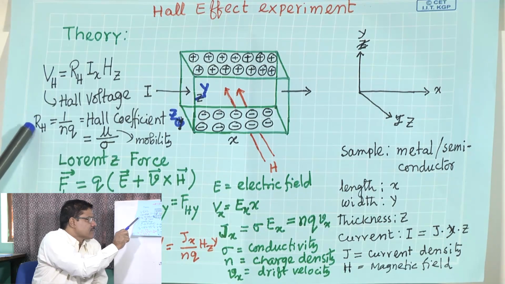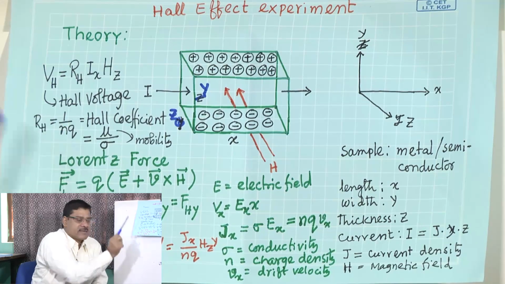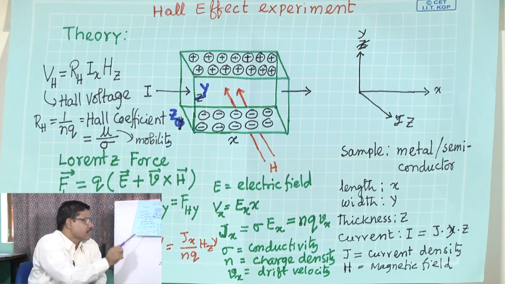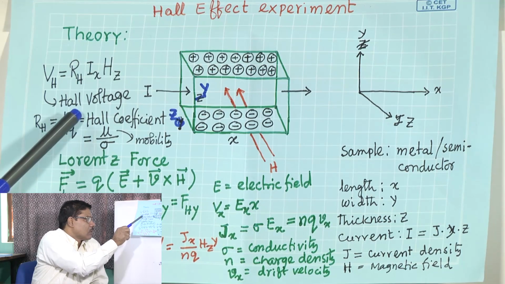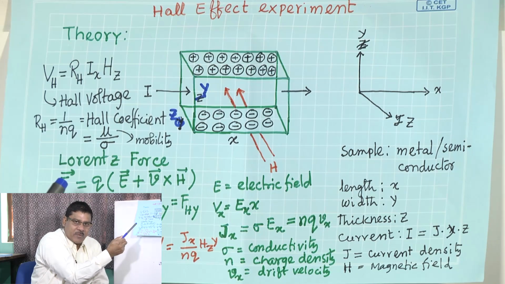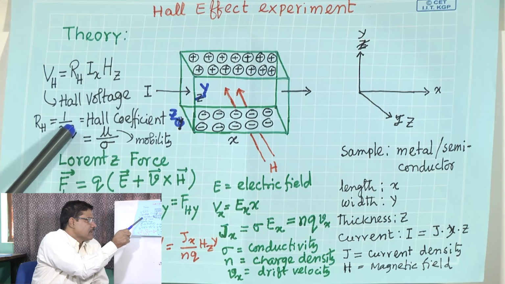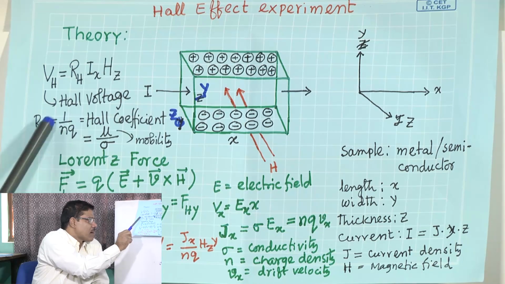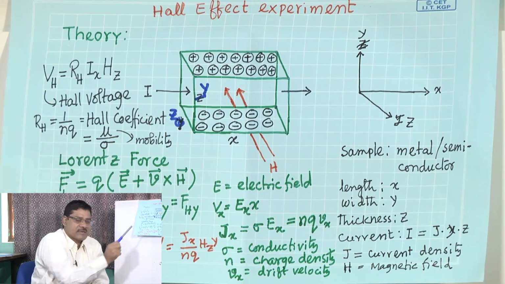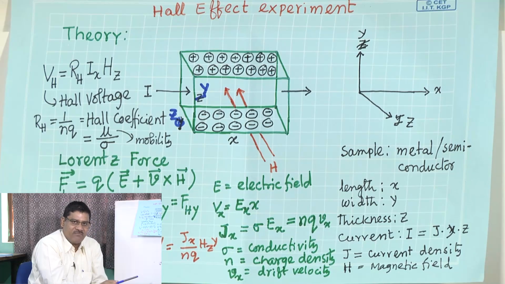And this RH is basically 1 by nq, where n is the carrier density and q is the charge, which can be plus or minus e. In the case of N-type or metal, q is the electronic charge with a minus sign, so the sign of RH will be negative.